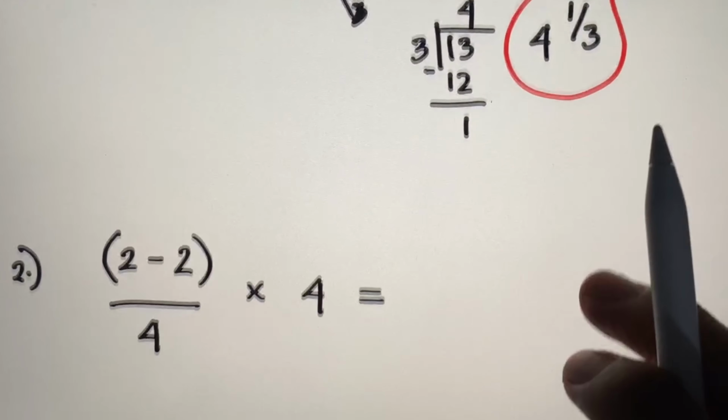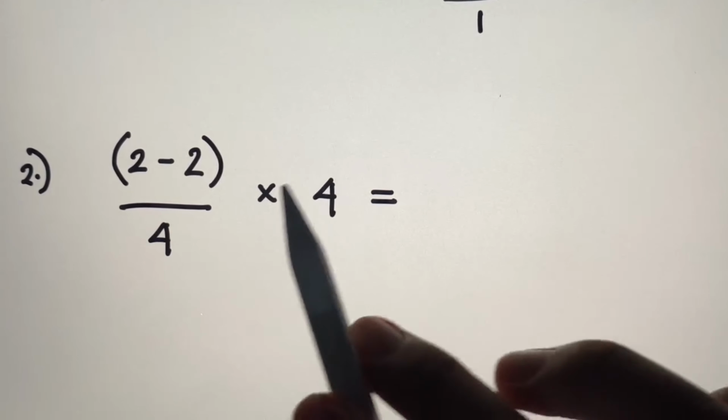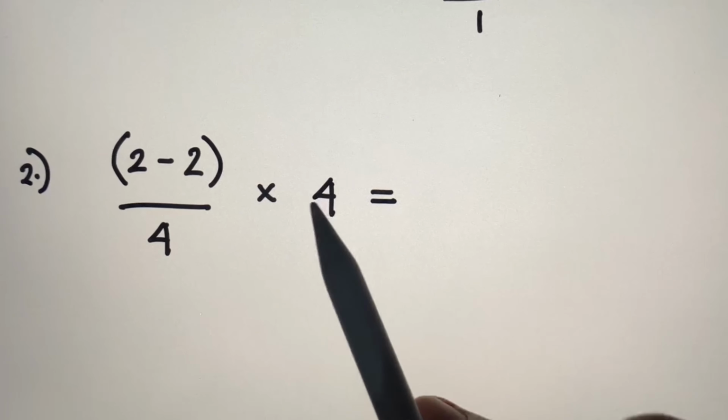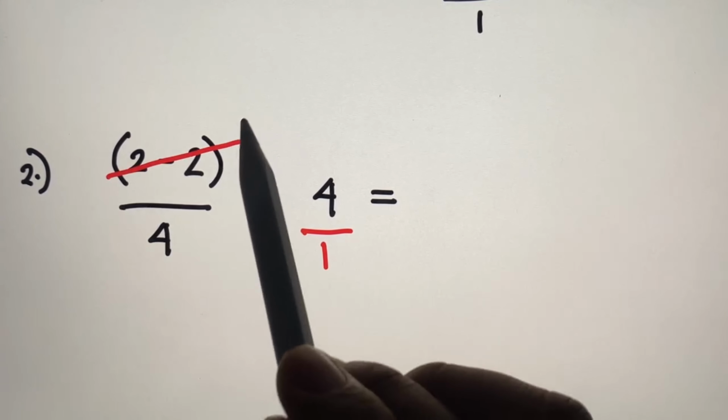So the next problem, that would be 2 minus 2 on our numerator over 4, multiplied by 4. In here we have an automatic 1 as the denominator because this is a whole number. So 2 minus 2 is actually equal to 0.